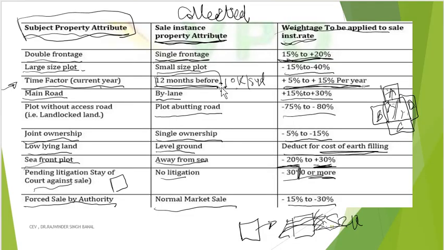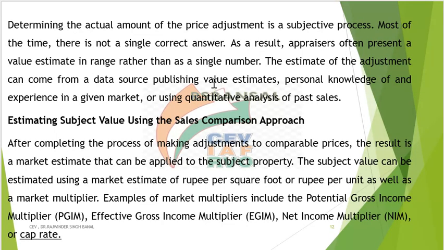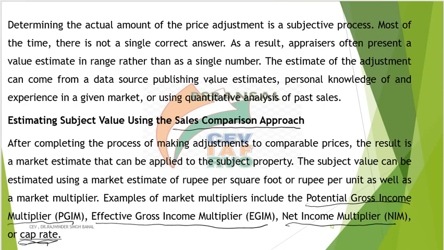Now we will discuss the different methods of doing valuation with the market approach. The first one is the sales comparison approach. In the sales comparison approach, you need to know these things: potential gross income multiplier, effective gross income multiplier, net income multiplier, or we can say capitalization rate.